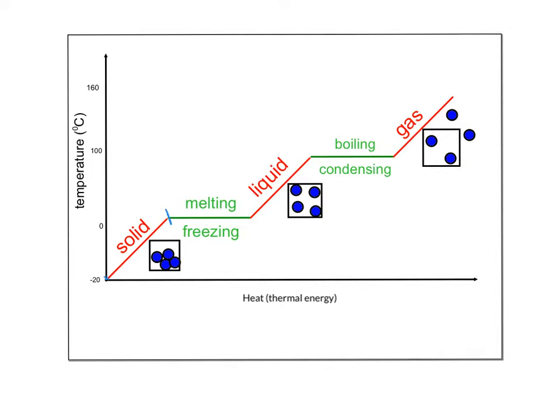We're adding heat or thermal energy, but now that energy is being used to rip those molecules away. So instead of making those particles move faster, it's being used to change the position of the particles, which is potential energy. So on this slanted line, we are changing the kinetic energy of the particles. On this flat line, when we're melting, we are changing the potential energy. Notice that on the flat line, no temperature is changing when an ice cube is melting.